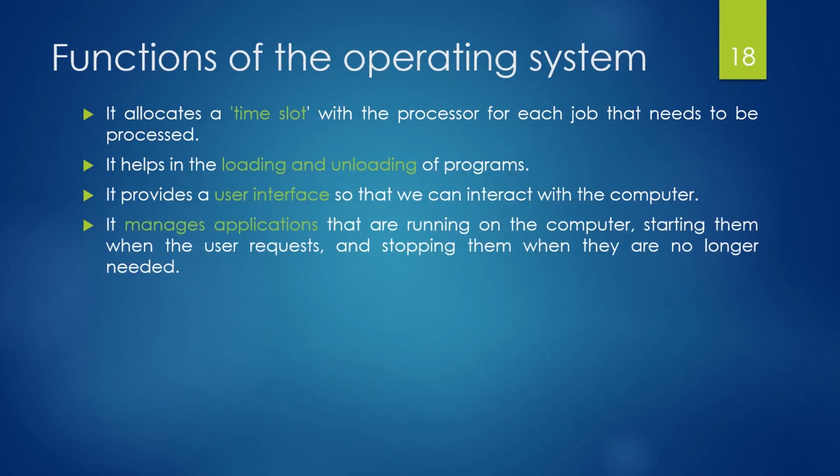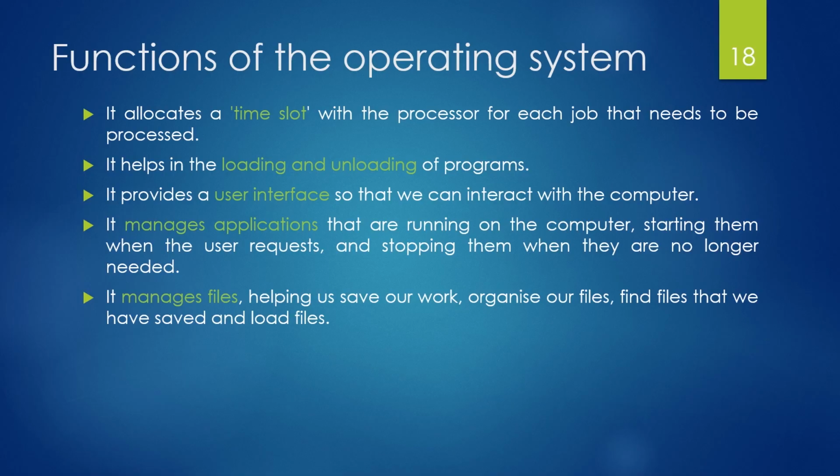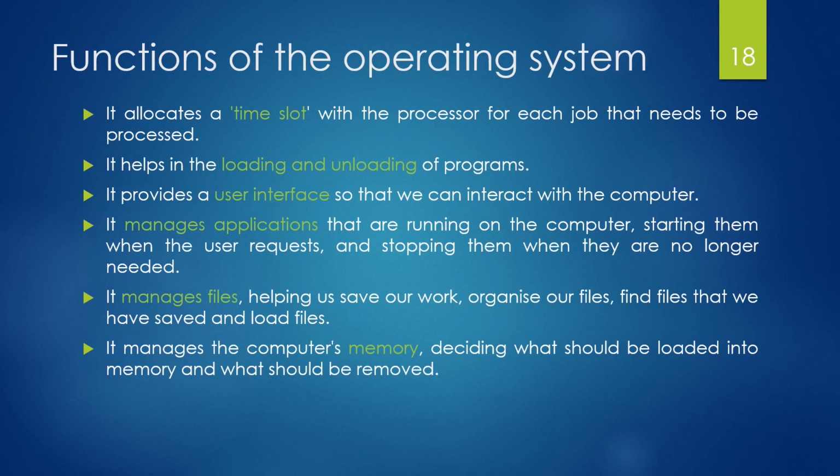It manages applications that are running on the computer, starting them when the user requests and stopping them when they are no longer needed. It manages files, helping us save our work, organize our files, find files that we have saved and load the files. It manages the computer's memory, deciding what should be loaded into the memory and what should be removed.